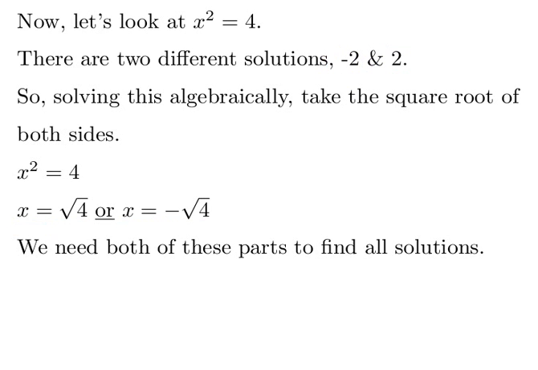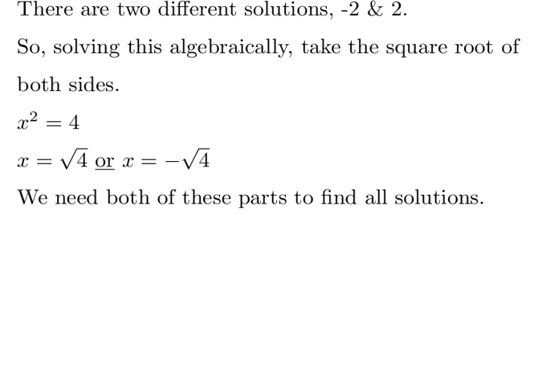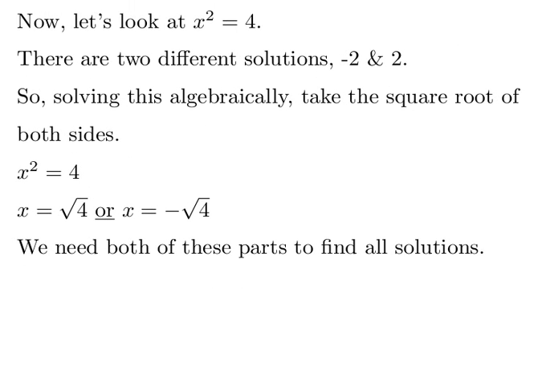Okay, so there's a basic rule of thumb whenever you're solving these types of algebraic problems. I'm going to write this down a little bit more formally a little later on. But now we're going to the rule of thumb.